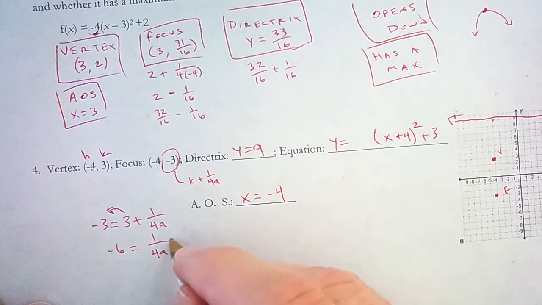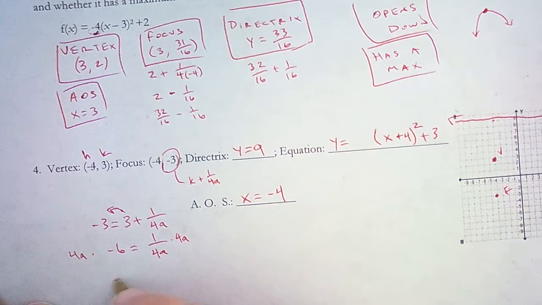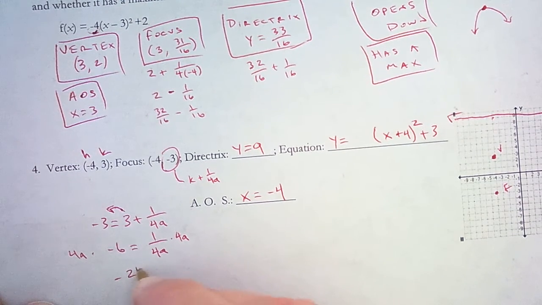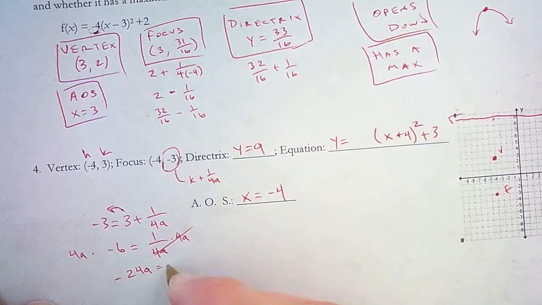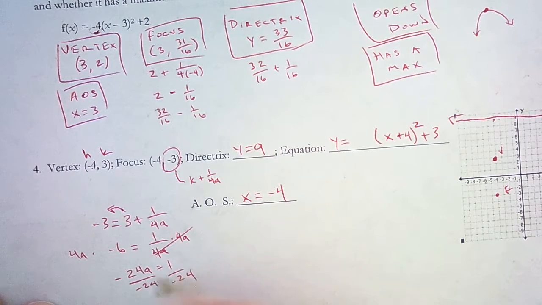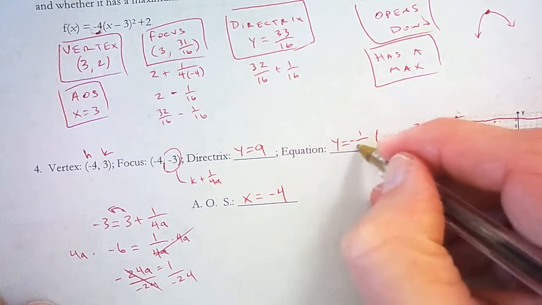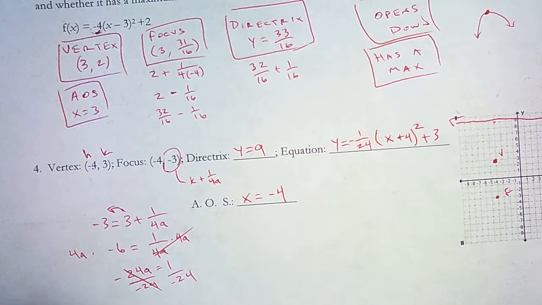And then multiply by 4a. 4 times -6 is -24, so -24a equals 1, and divide by -24. A is -1 over 24, and there's my equation.